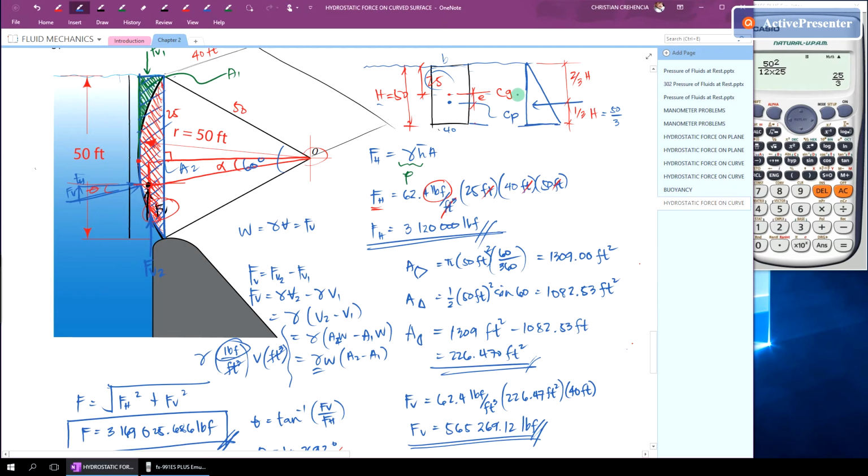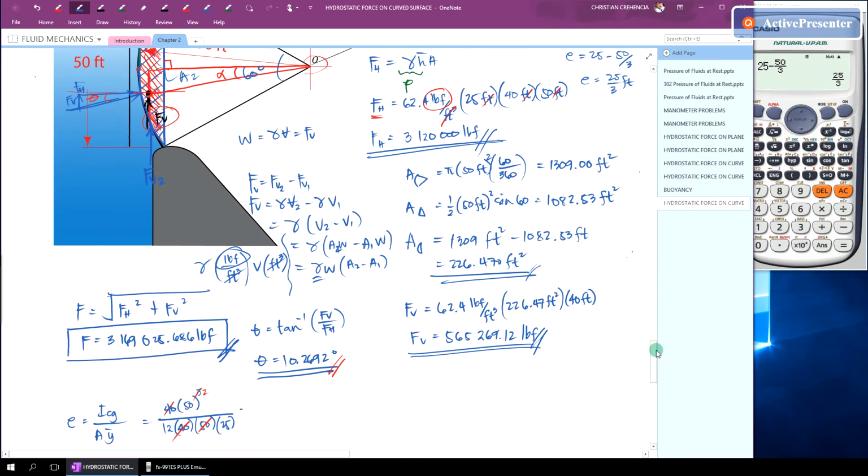Okay, so mula dun sa center pababa is 25. So ito nga lang distance E yung kailangan natin. So E in this figure is equal to 25 minus 50 over 3. So double check lang natin. 25 minus 50 over 3. So same lang. 25 over 3 feet.